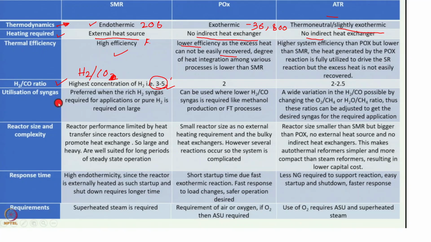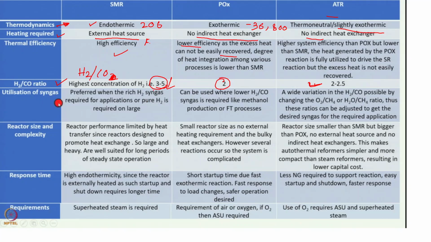Obviously we want a higher hydrogen to carbon monoxide ratio. This one is moderate, 2, and this one is very wide, 2 to 2.5. Okay, from the point of view of the hydrogen to carbon monoxide ratio, the SMR reaction is very good.